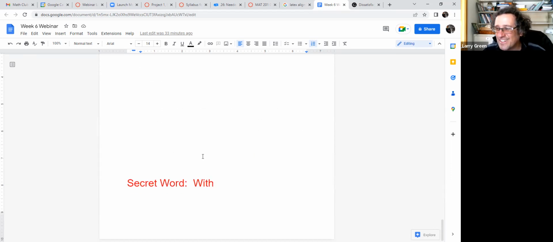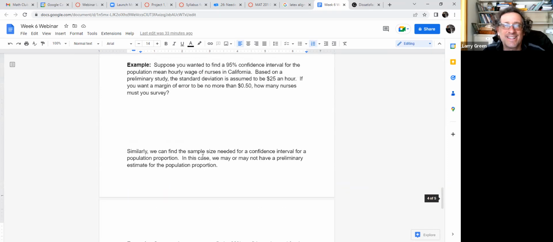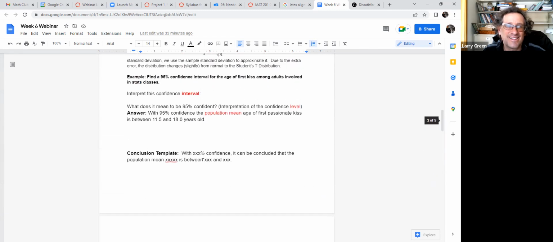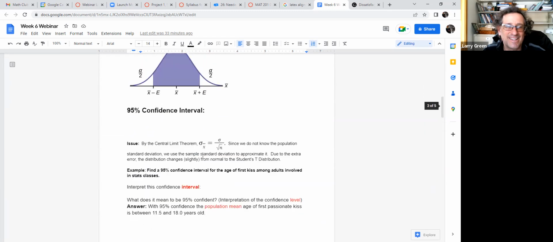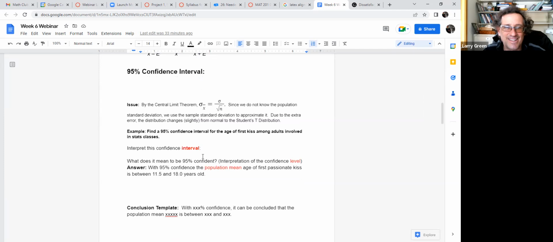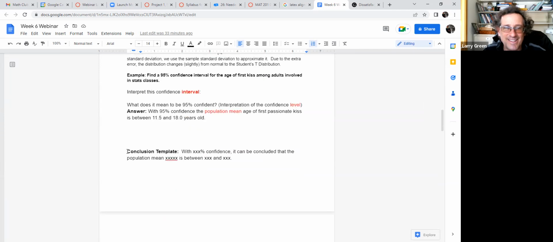And the secret word is with. And anyone know why it's with? Look at the template for a confidence interval, interpret the confidence interval.